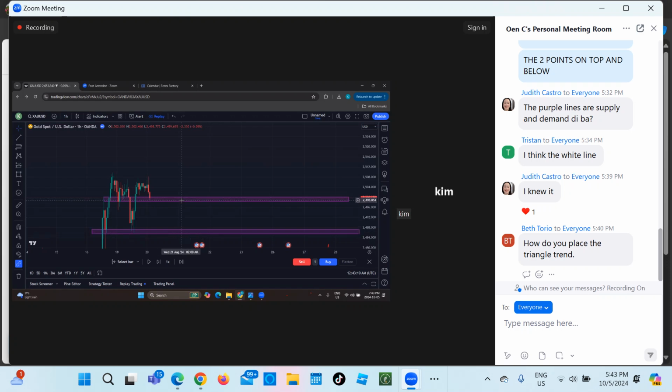I buy here, I sell here around this area. I sell and buy this area, and then I buy here.